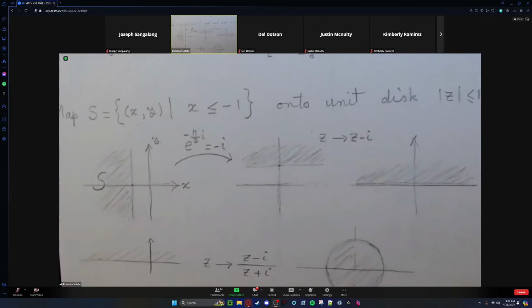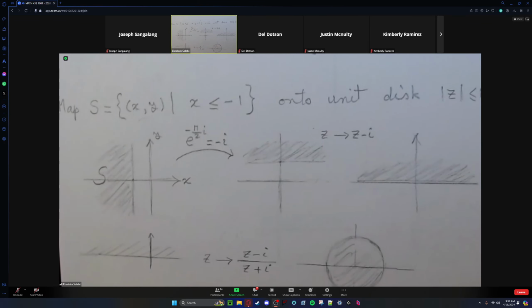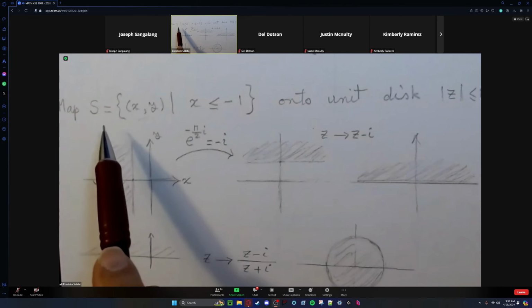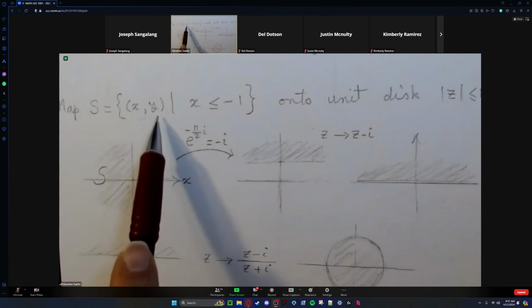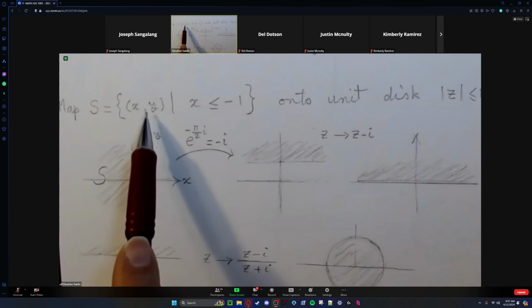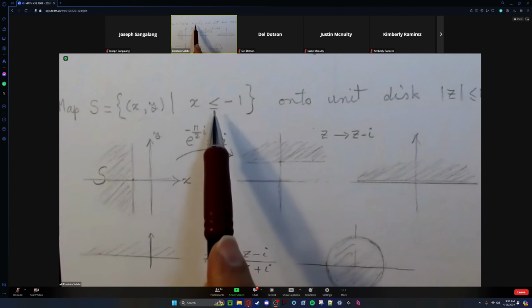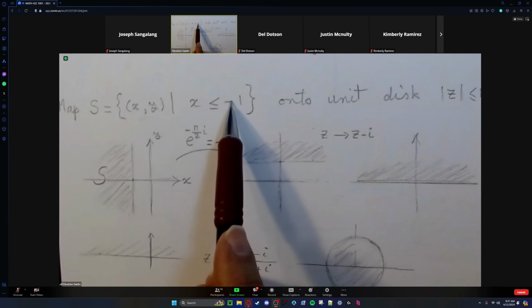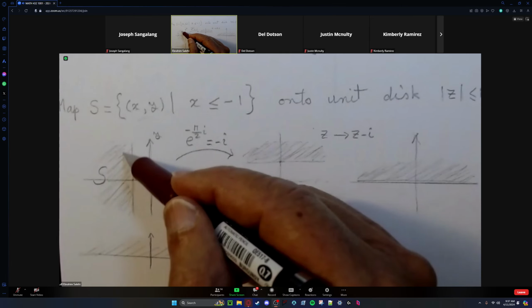Now here is an example. This is the kind of question you are going to get. I have this S described. You need to map it. The set of all x, y's such that x is less than or equal to -1 is this.